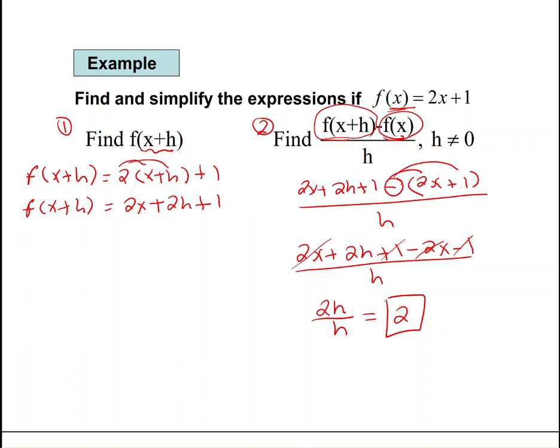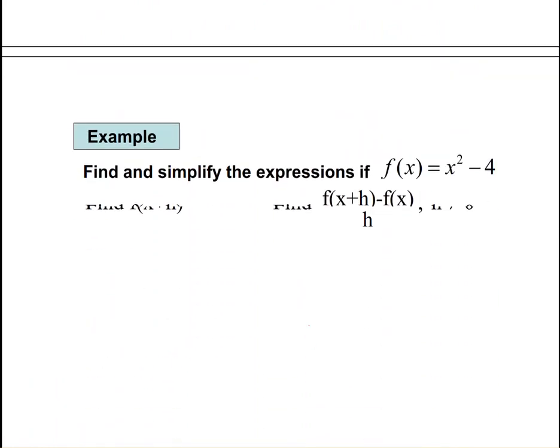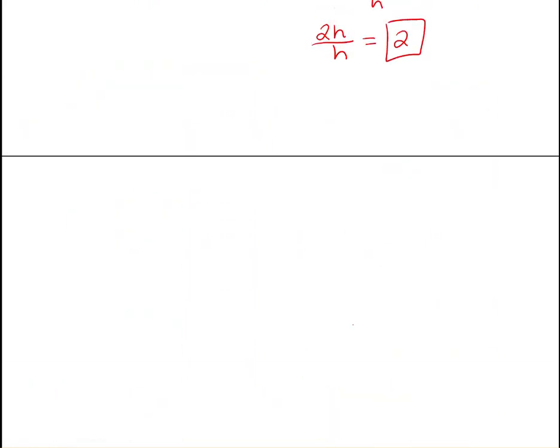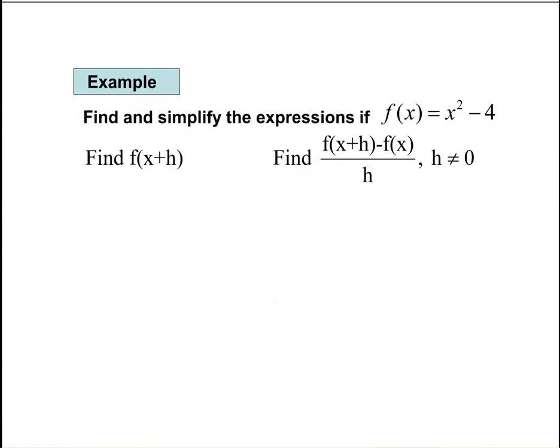So let's look at one more of those. Let's try it again. So now, this one we have, find and simplify the expressions if f of x equals x squared minus 4.